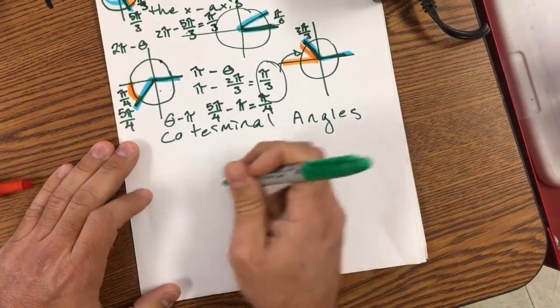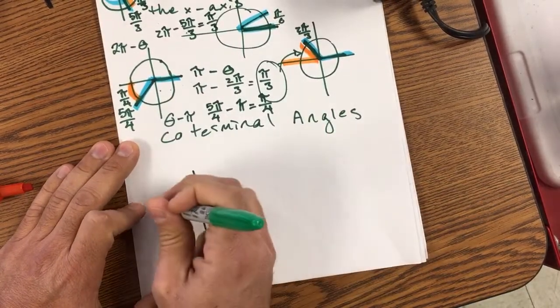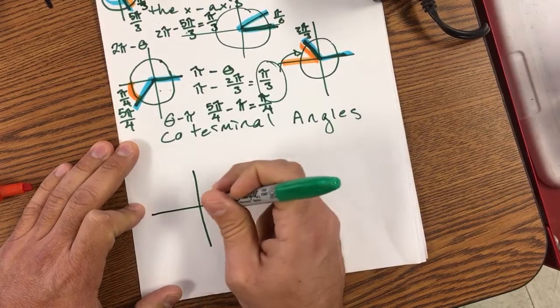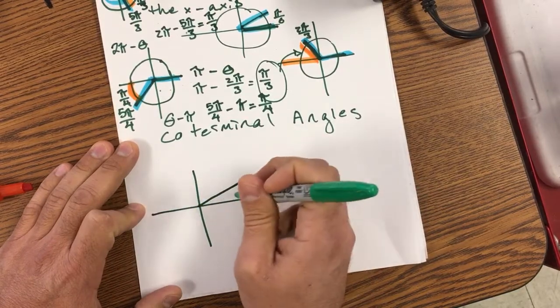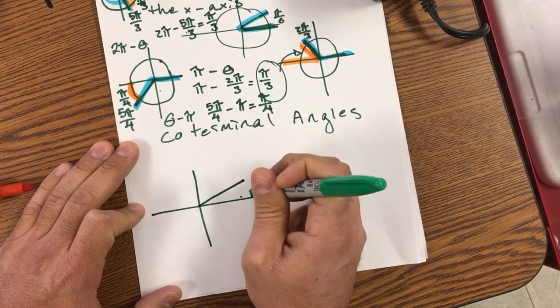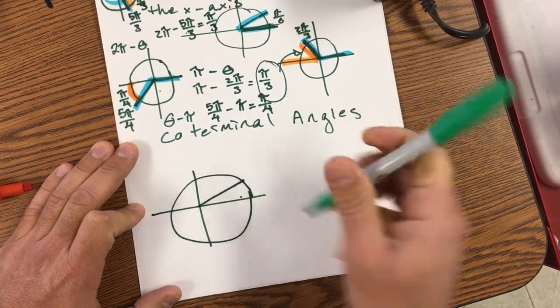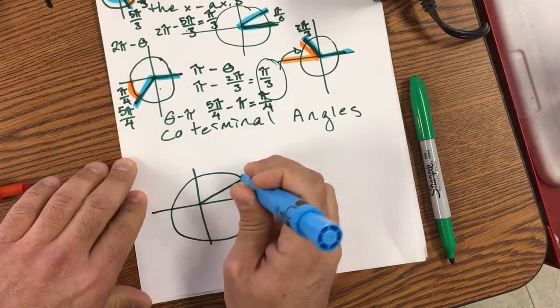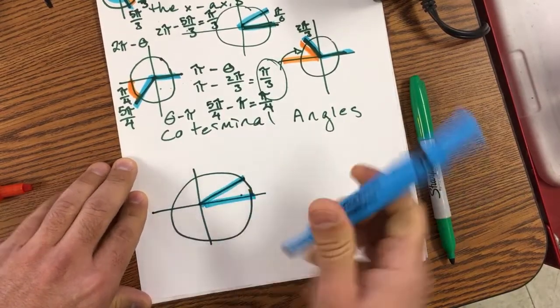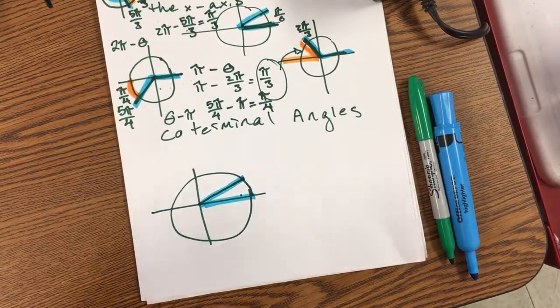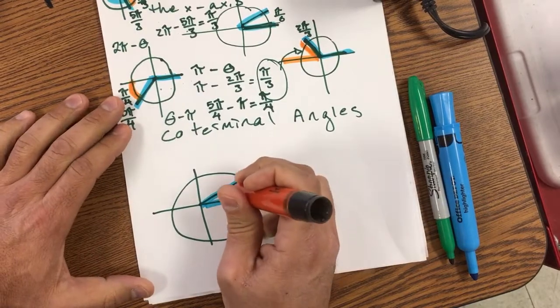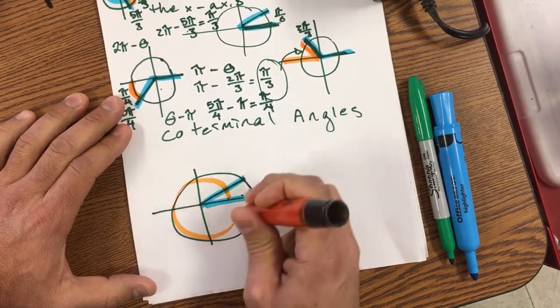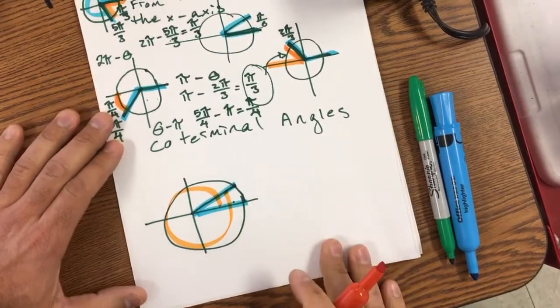Coterminal angles, a little bit different. The way a coterminal angle works is if this is my angle, my coterminal angle is actually the angle that goes all the way around and back to that.